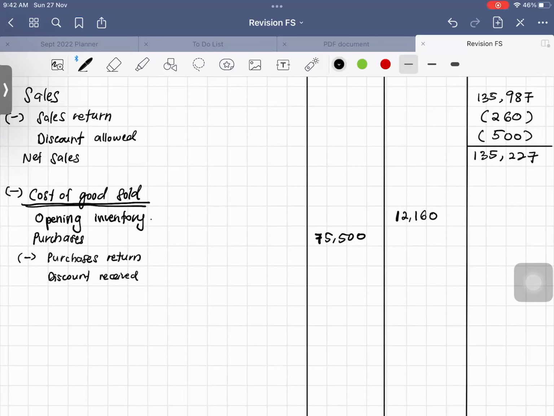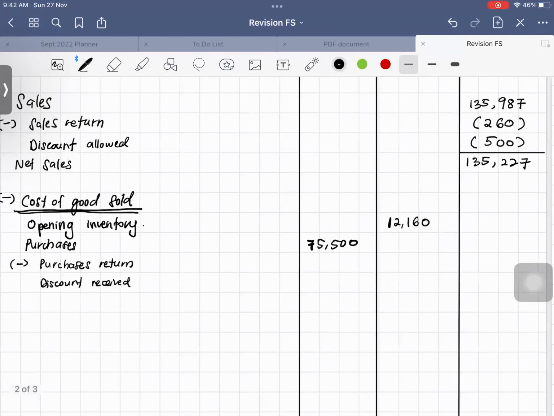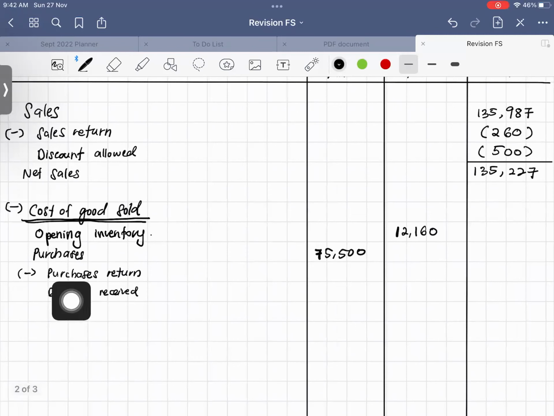So we receive the discount. That's why our discount received is under our purchases.